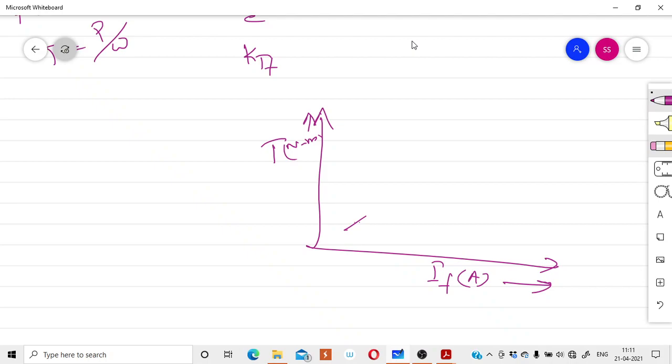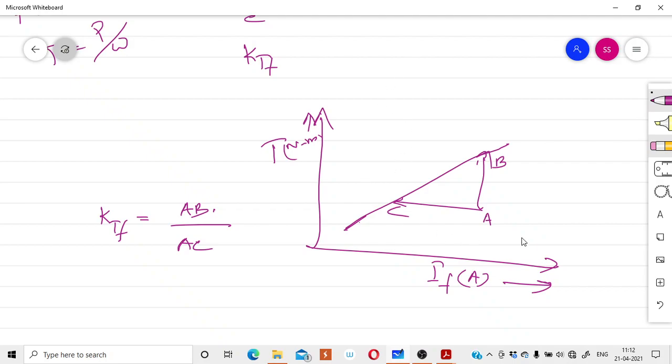So this will be the graph, a linear relationship, and you have to take the slope of this, then you will get the value of KTF. So KTF will be equal to, this is A, B, C, then AB divided by BC will be the parameter KTF.